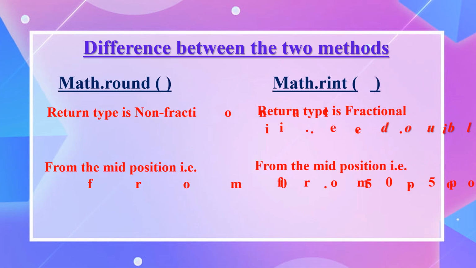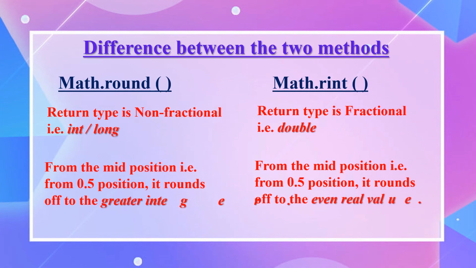So there are basically two differences between Math.round and Math.rint's working. Math.round always returns a non-fractional value, that is either of int type or long type depending on the parameter's data type, float or double. And in case of Math.rint, the returning value is always of double type.